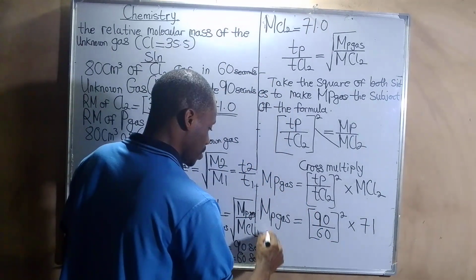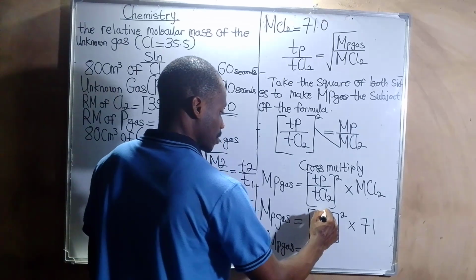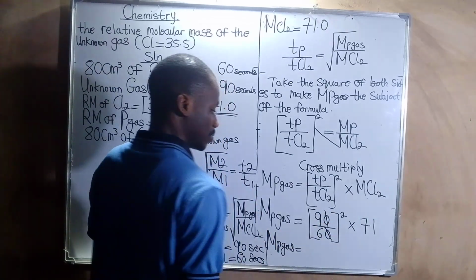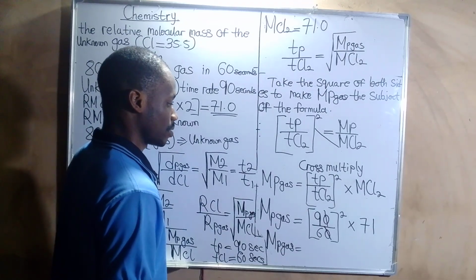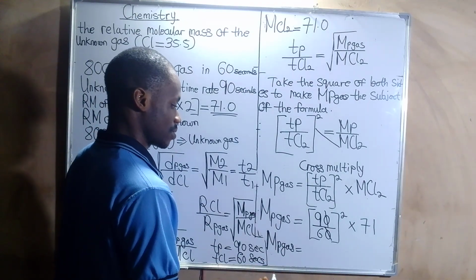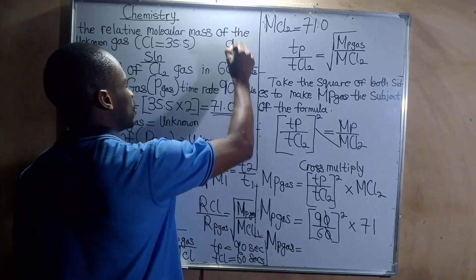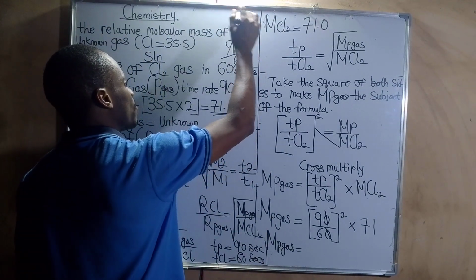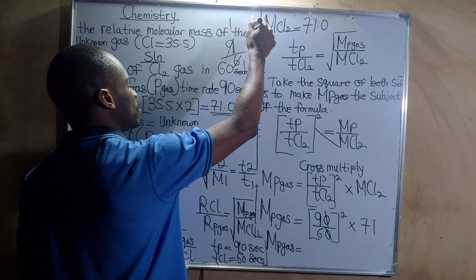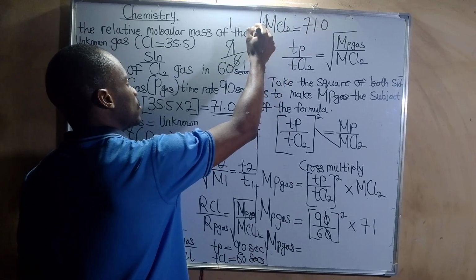So MP gas: 0 cancels 0, so we do 9 divided by 6. If 9 divides 6, that is 1 remainder 3.